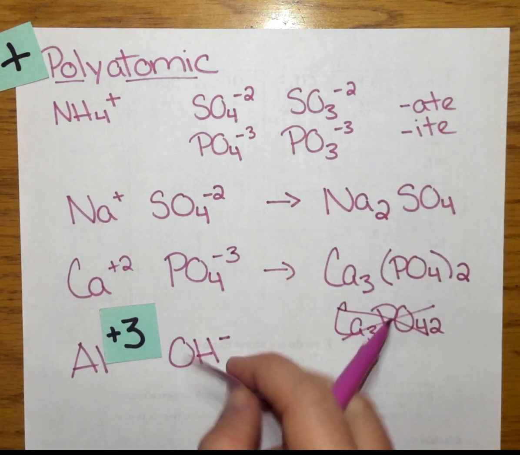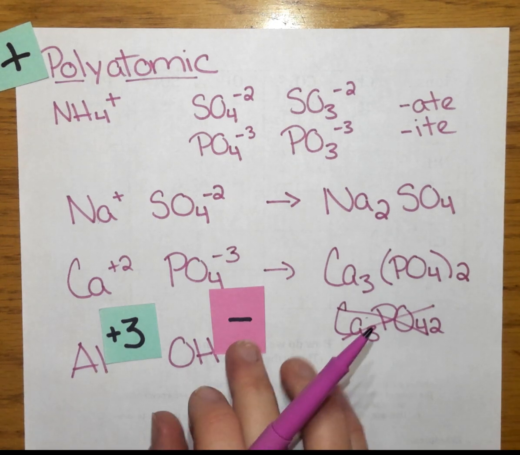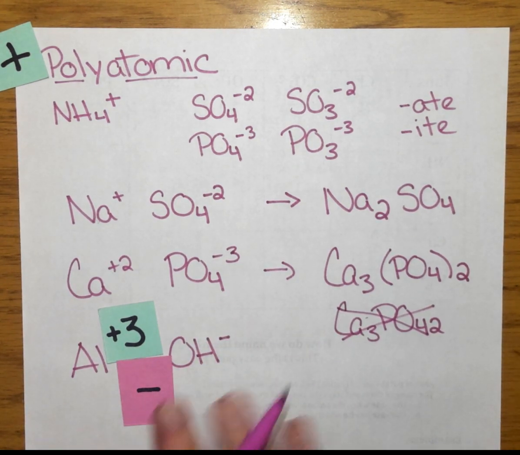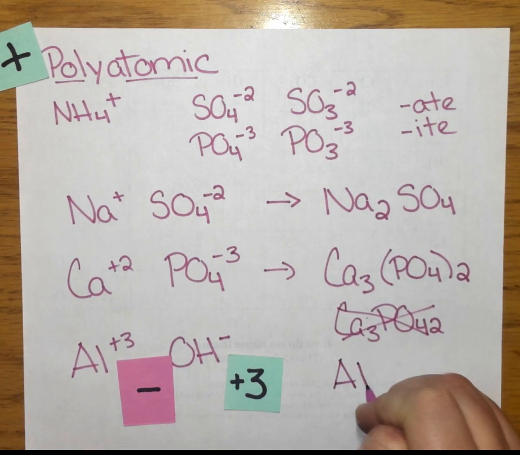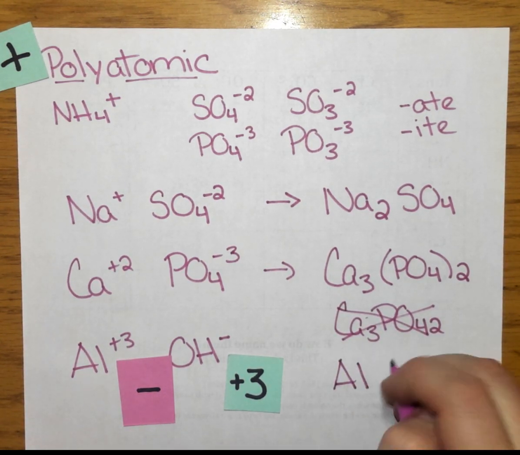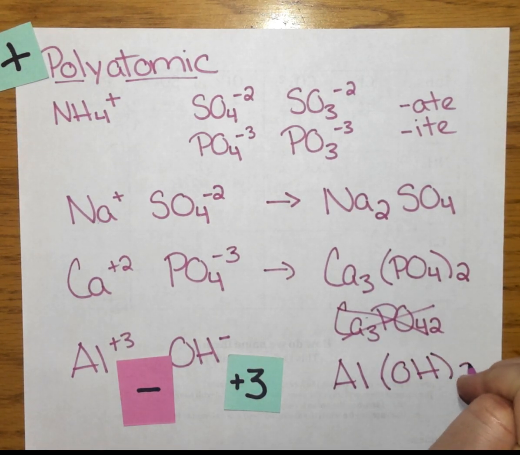There's so many people that always forget that hydroxide is a polyatomic ion. Just because it doesn't look like a 42 doesn't mean we don't need parentheses. So when I crisscross these numbers down, I'm going to have 1 aluminum, Al1, I don't have to write it, and I have 3 of the hydroxide group.